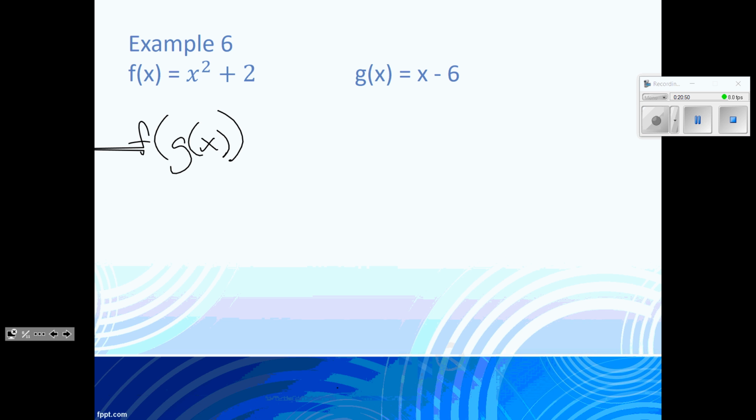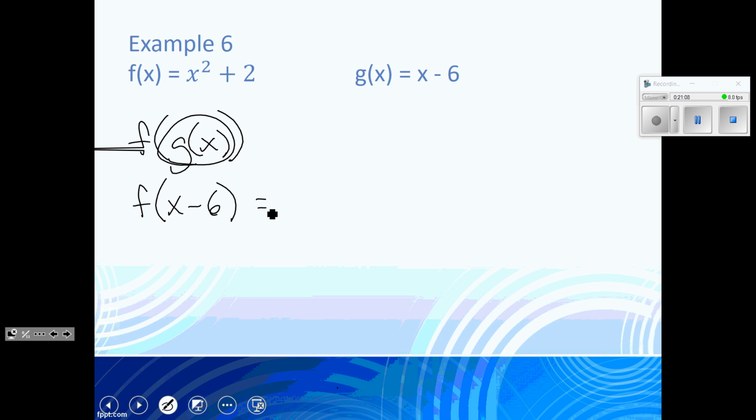So let's check it out. Not as hard as it looks, if you take it piece by piece. First things first, everybody says, I don't know which one to start with. Start on the inside. We're going to start with the g at x function, which is x minus 6. And we're going to take it and plug it into the f at x function, which would be x squared plus 2. So this is our input. We are going to plug this in for that x.